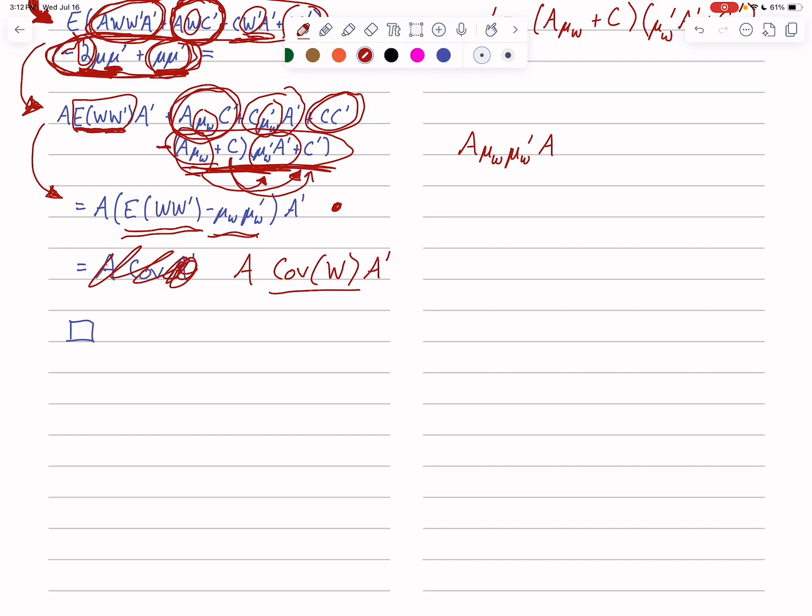It's a familiar formula. You'd recognize it from mathematical statistics. The parallel formula there is that the variance of X is equal to the expected value of X squared minus the expected value of X, squared, like that.